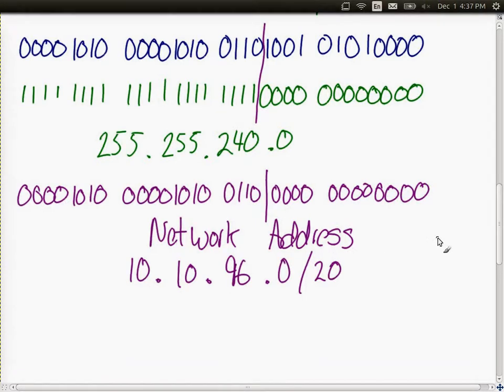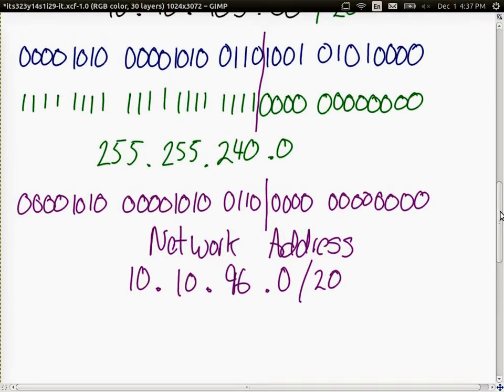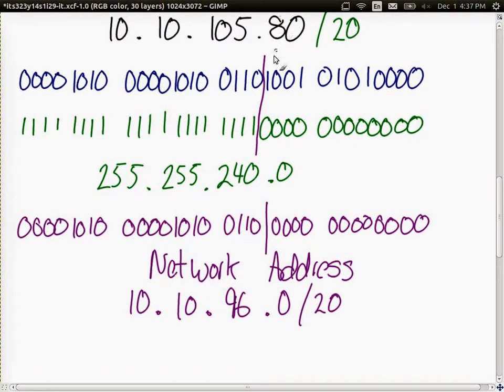What's the directed broadcast address for my laptop? So we had the network address. Remember, the IP was 10.10.105.80. We found the network address was 10.10.96.0. So we could find the directed broadcast address.